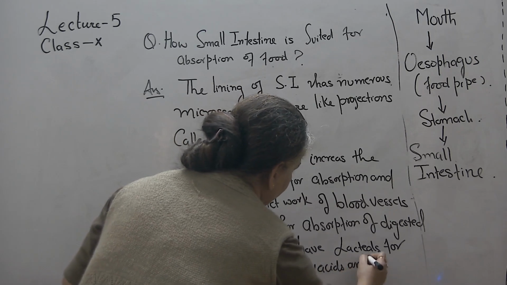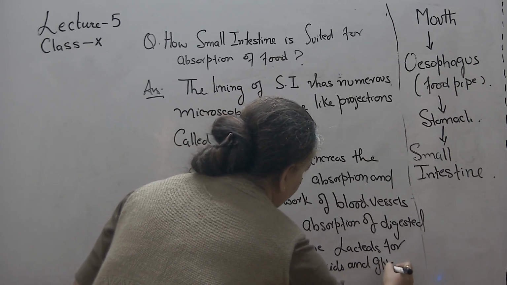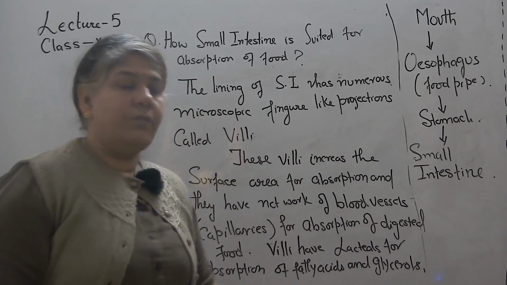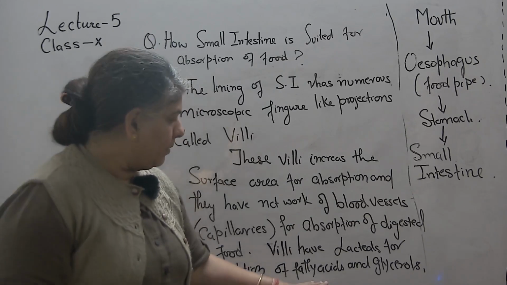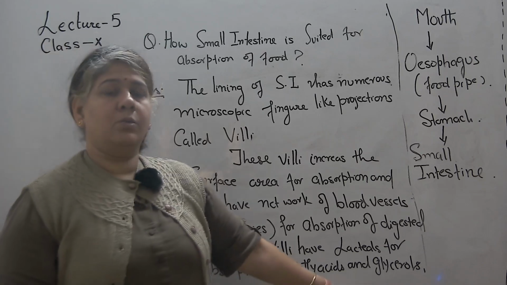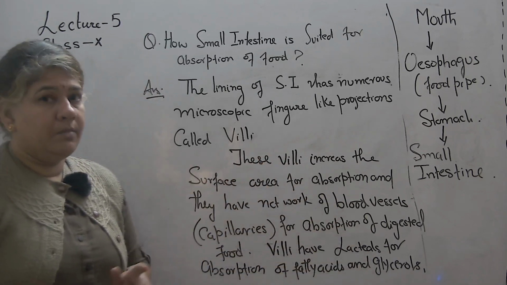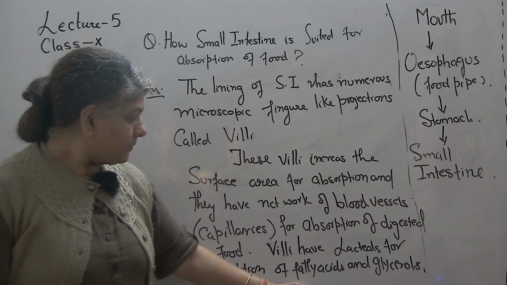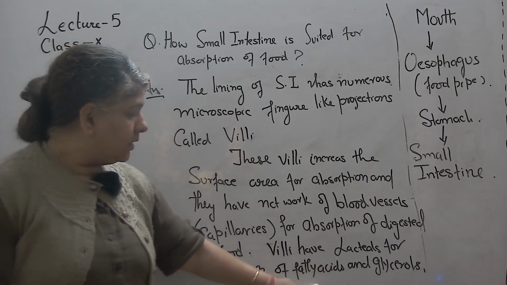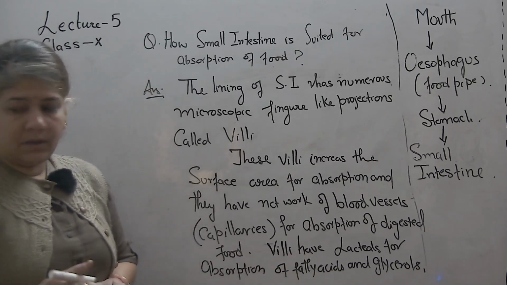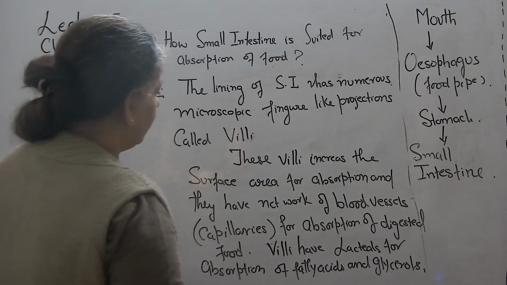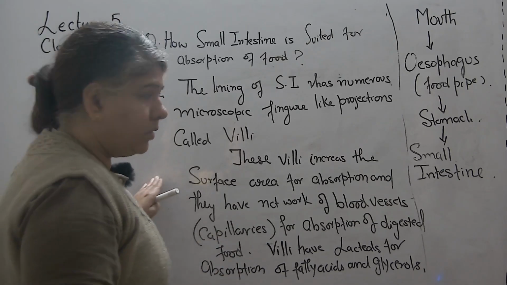See, fat was already a big molecule, and after breaking down it is converted into fatty acids and glycerol. They are still big molecules to enter into the blood vessels or capillaries. So they will enter into the lymphatic duct. So this is the digestion process, and the absorption process is over.